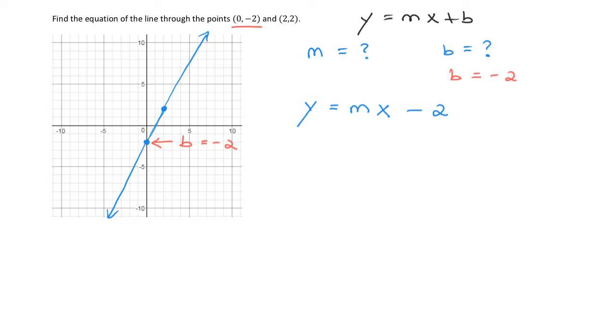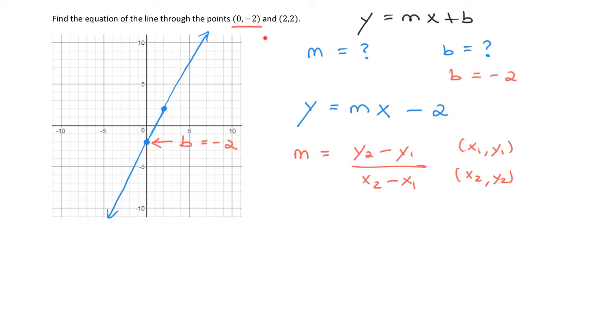What is the slope? Now we have a formula that we could use to figure out the slope. m is equal to y2 minus y1 over x2 minus x1, where (x1, y1) and (x2, y2) are any 2 points that lie on the graph. Now we're given 2 points, (0, -2) and (2, 2).